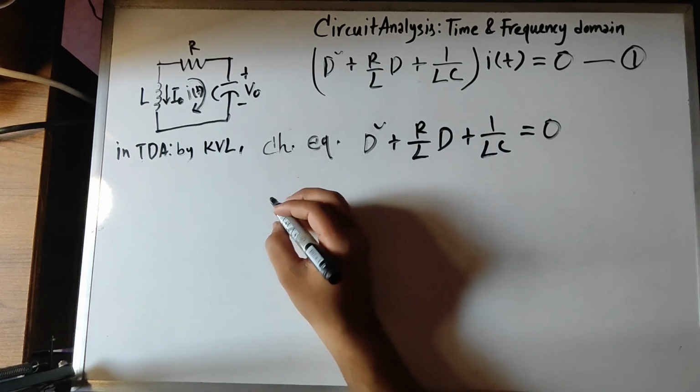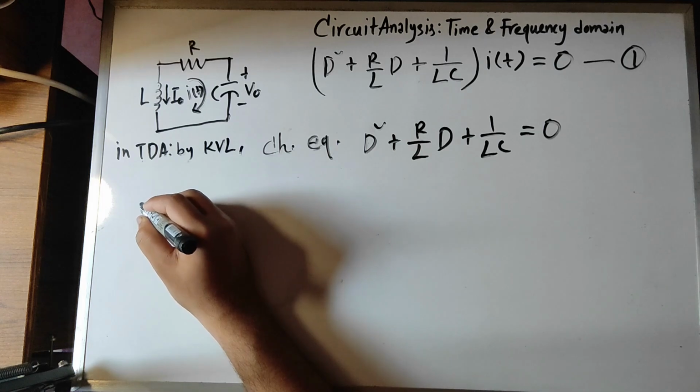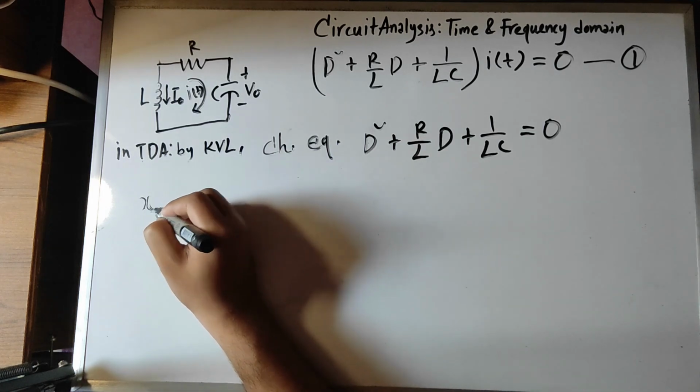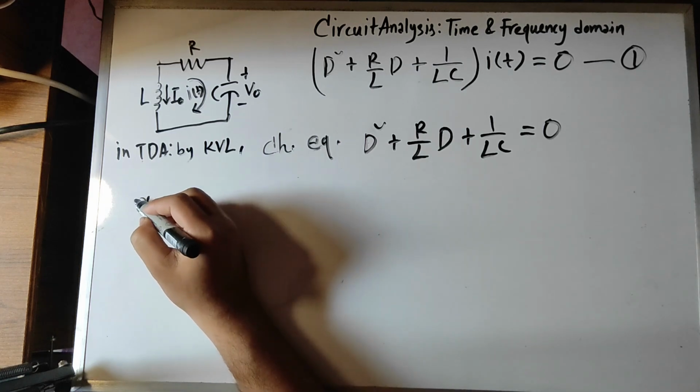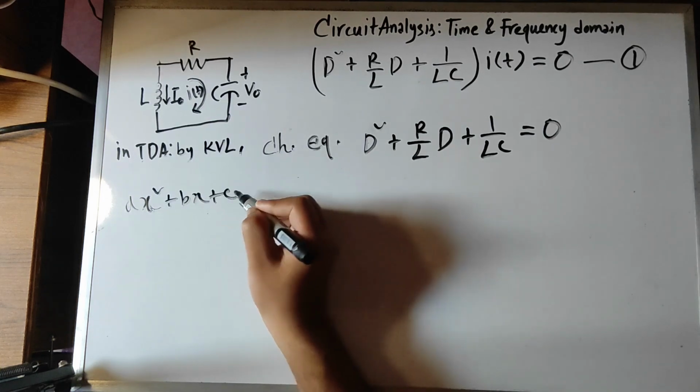So we are going to directly use this formula for a second order polynomial, ax square plus bx plus c.